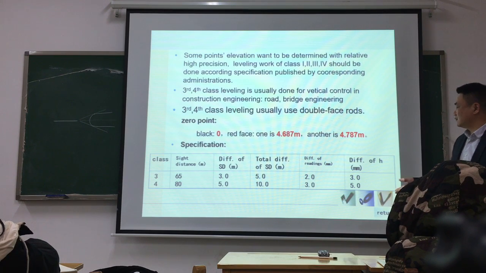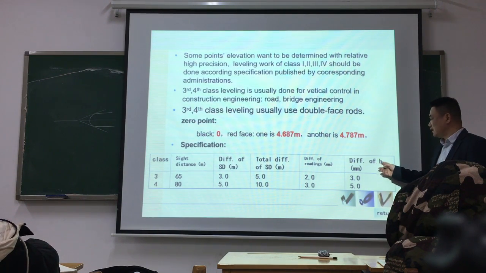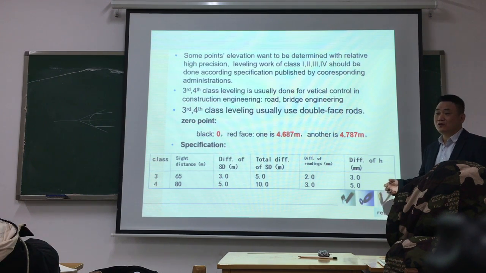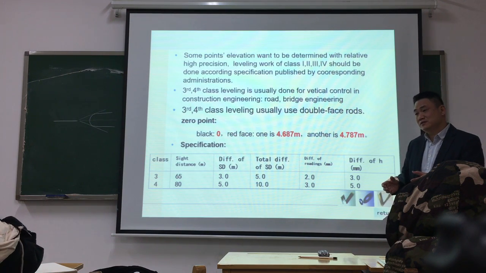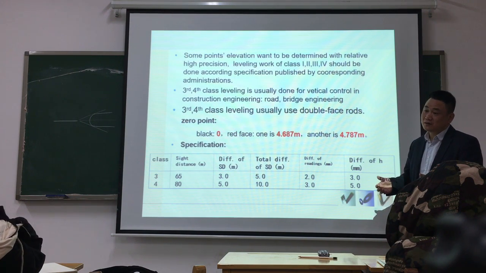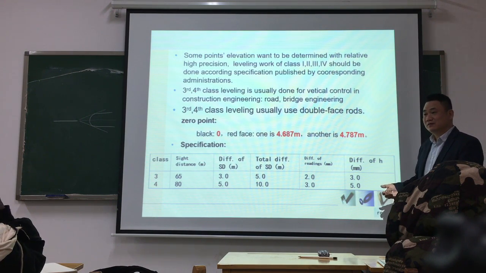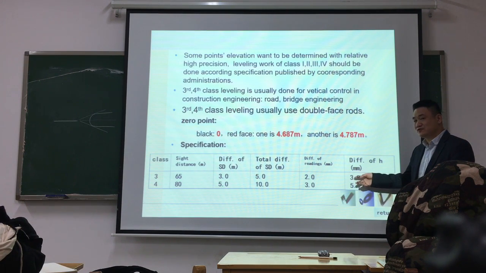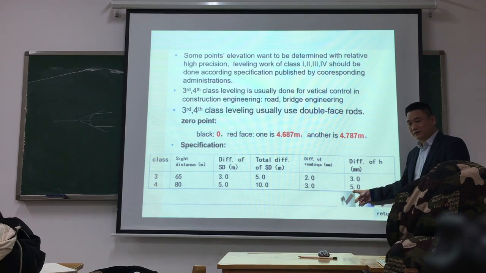So the H obtained by the black face and by the red face may differ. Of course, in theory they have a 100 millimeter difference, but except this 100, maybe they differ by more. So the error should be less than 3 and 5.